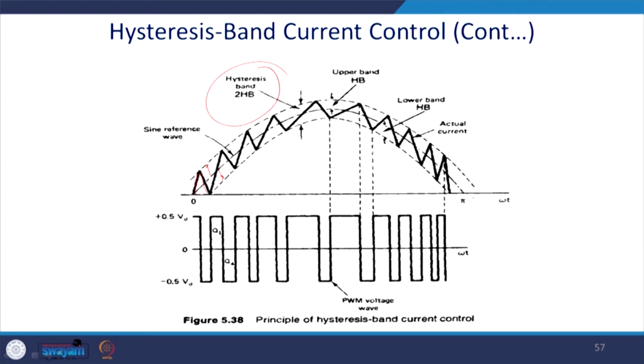Then again when it hits this lower band, the diode stops conducting and the switch gives the path. Your switch is on, then the lower switch will be on. For this time you are getting the value of minus VDC or 0.5 VDC for the half bridge. So, again you will switch on the upper switch and go down like this.